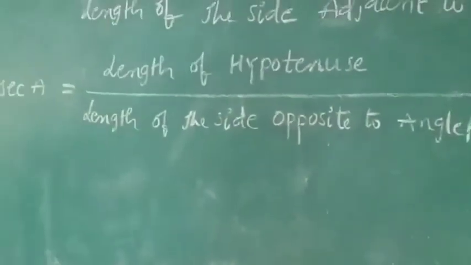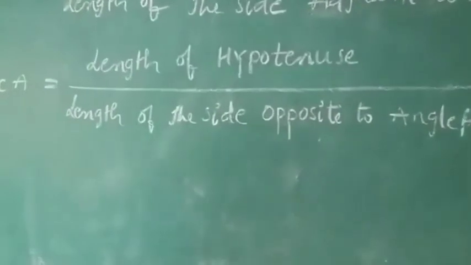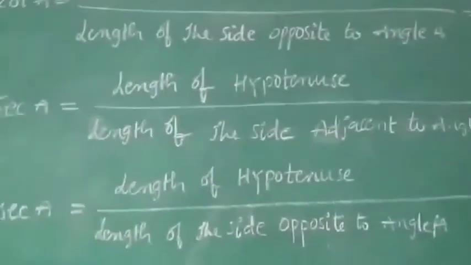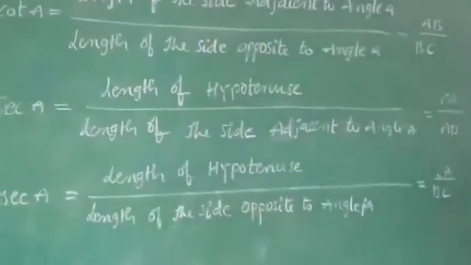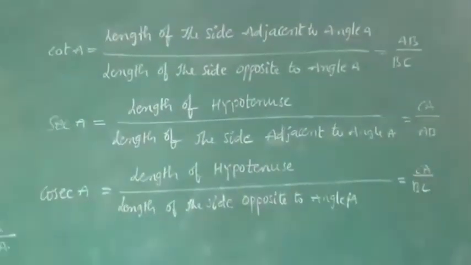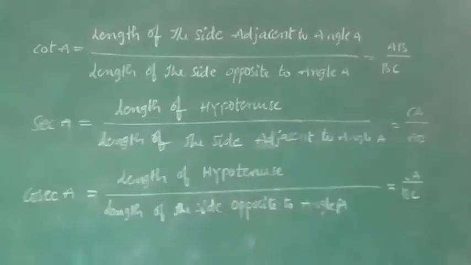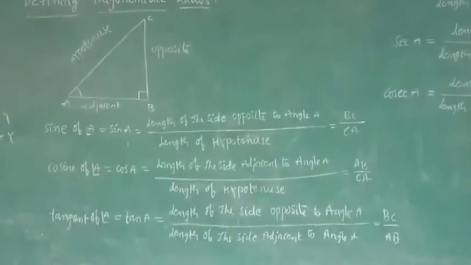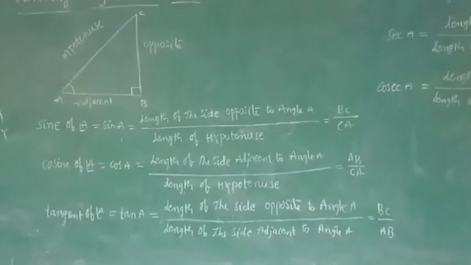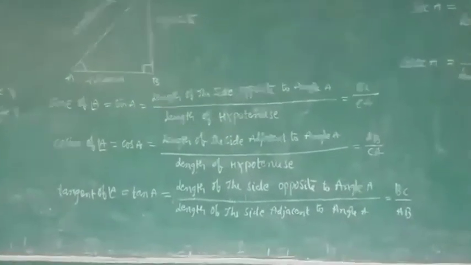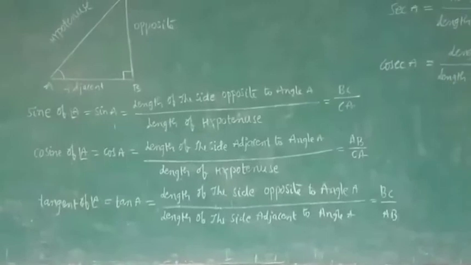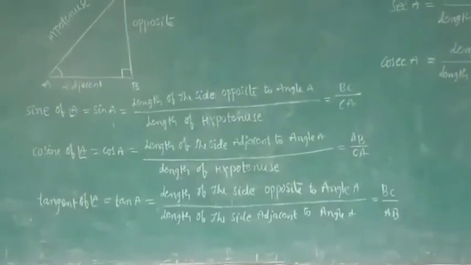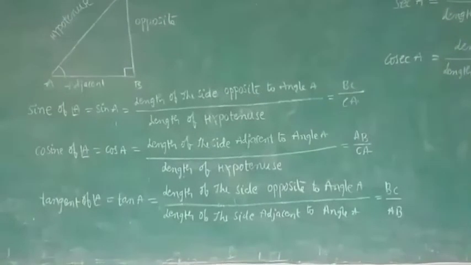See, these are the very important defining trigonometric ratios. I will show you clearly everything. First I wrote cot, sec, cosecant. Defining the trigonometric ratios. I drew one right angle triangle and wrote everything clearly. Sine of angle A is equal to length of the side opposite to angle A by length of the hypotenuse.